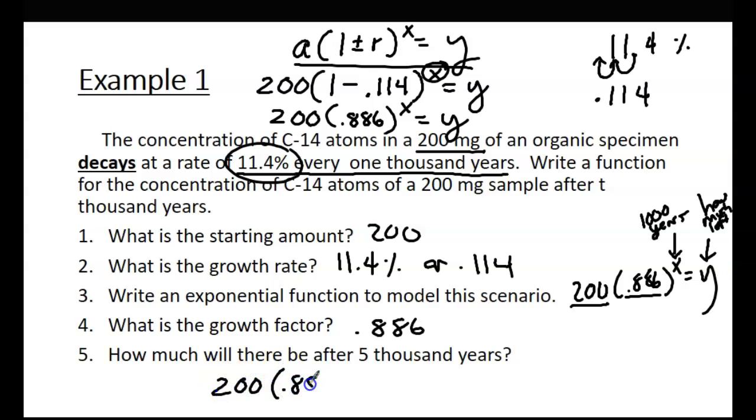Different calculators may work differently, but if you're using any of mine, they'll all be the same. So we want to find 5,000 years, so I'm going to plug in 5 for x, because x represents 1,000 years.